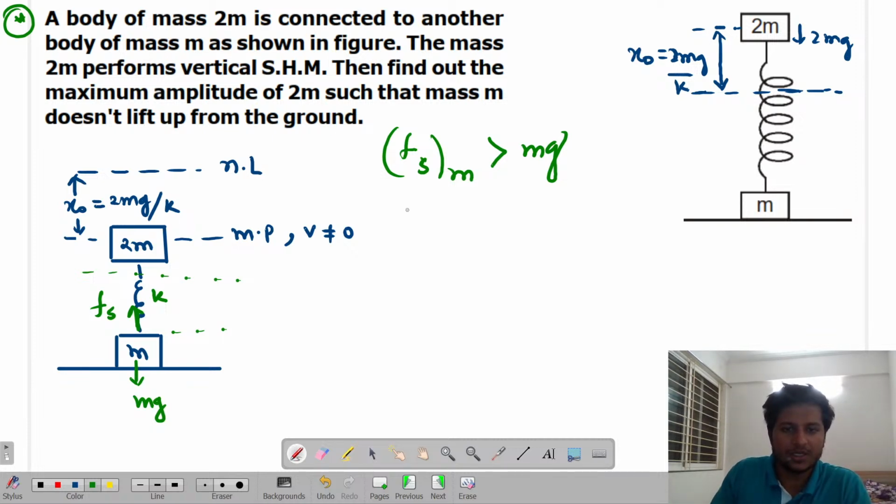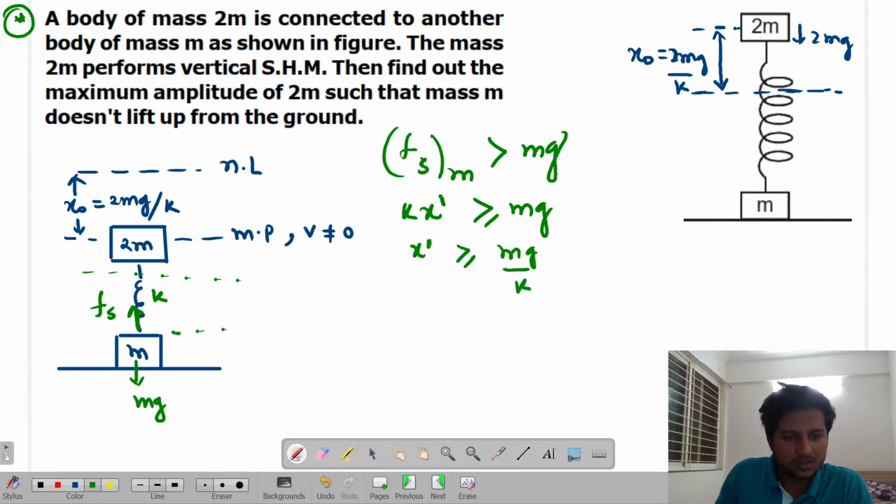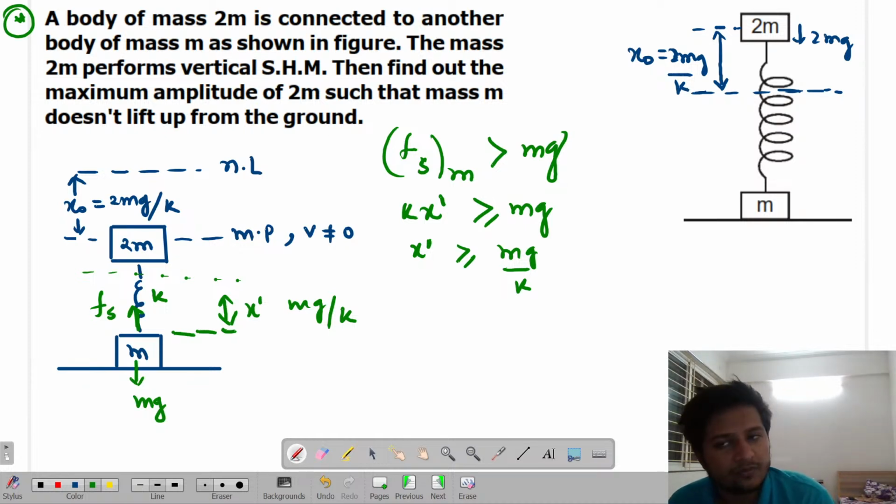Spring force will be kx dash, I call it. Then kx dash must be greater than or equal to mg. So x dash I got as mg by k. Means from the down point the spring must be lifted by the distance x dash, which is mg by k. Then only the mass m will rise up.